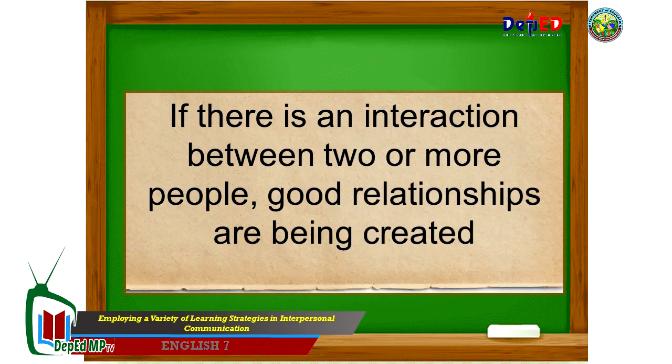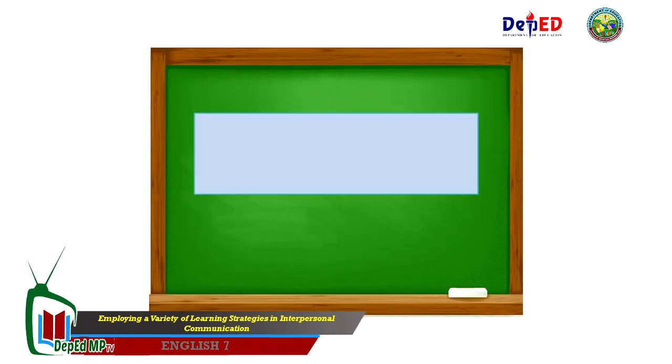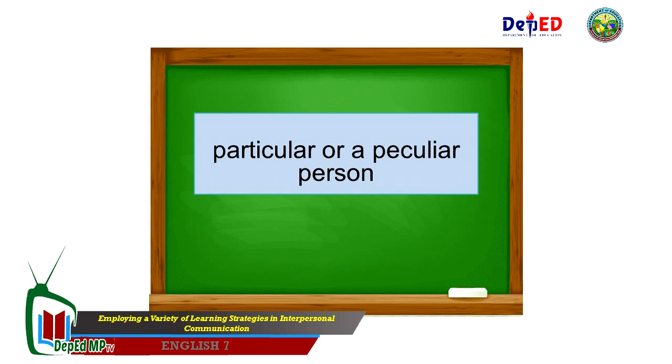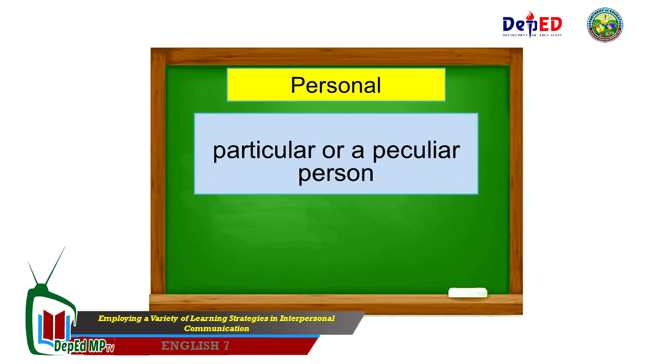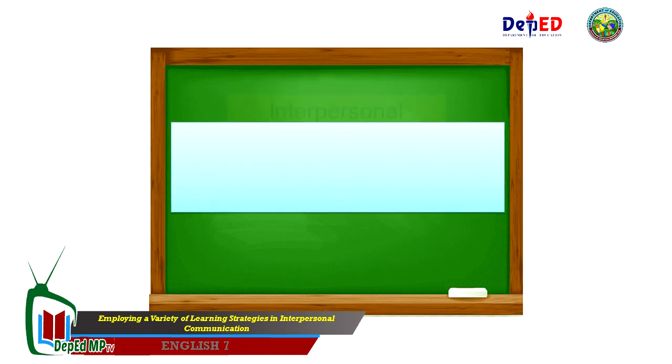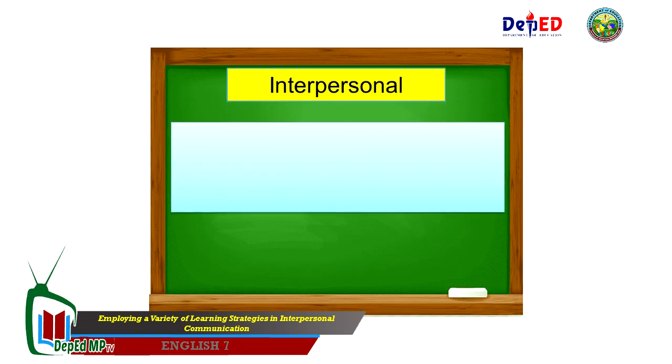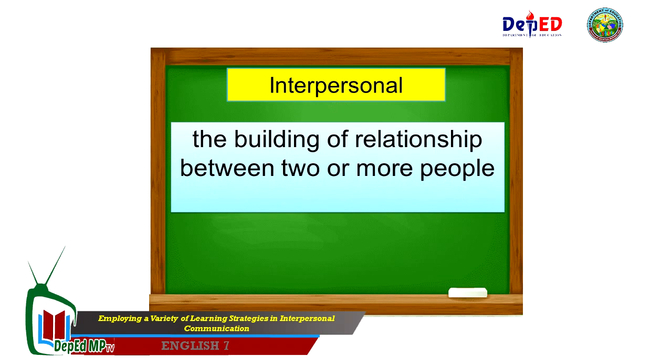Thus, if there is an interaction between two or more people, good relationships are being created. When we say personal, we refer to a particular or a peculiar person. Hence, interpersonal means the building of relationship between two or more people.